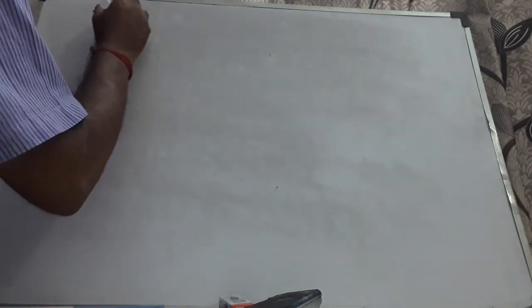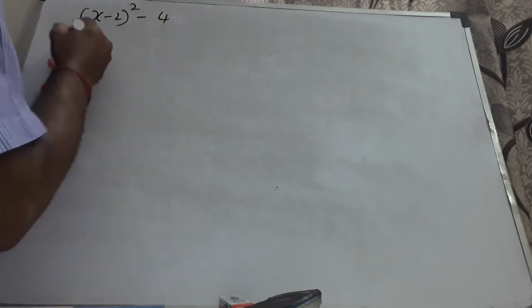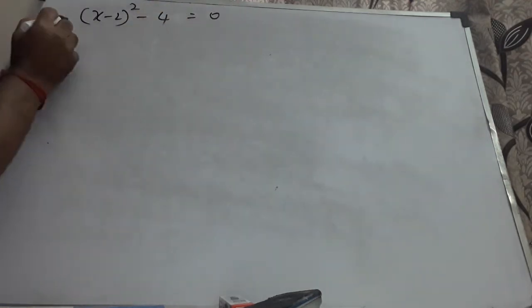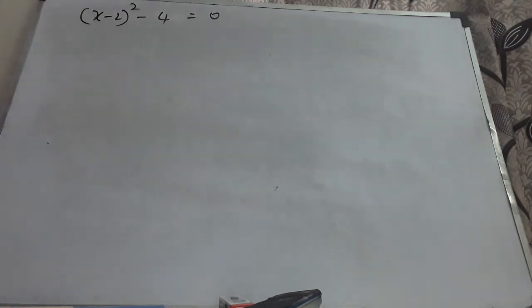Let me consider one quadratic expression. Let me take this example, (x minus 2) whole square minus 4. I will call it 0. This is the quadratic polynomial given to us. Try to get the 0 of the polynomial.